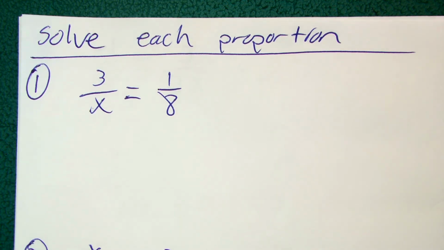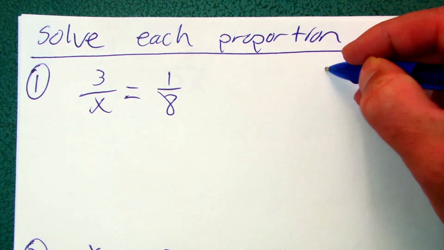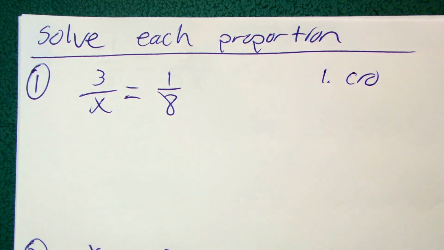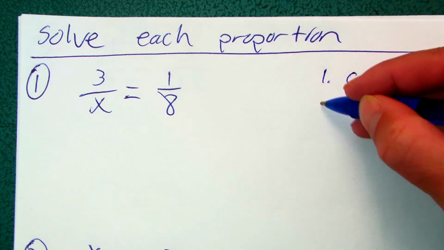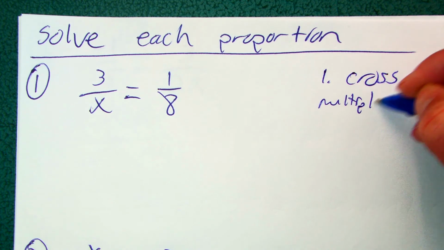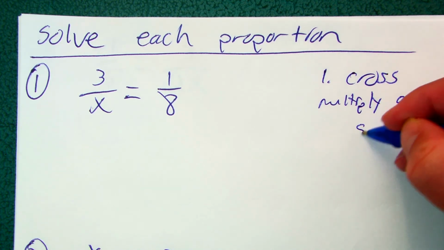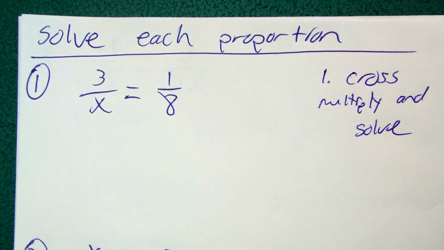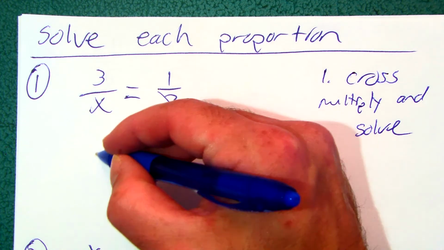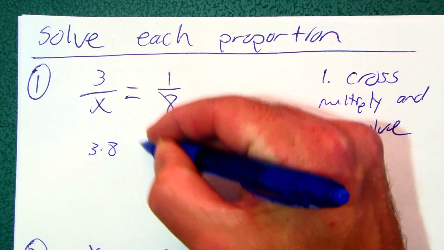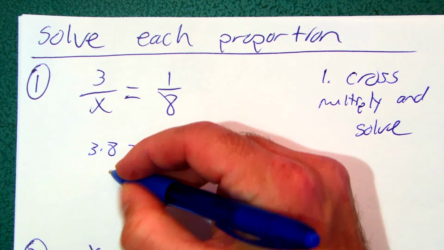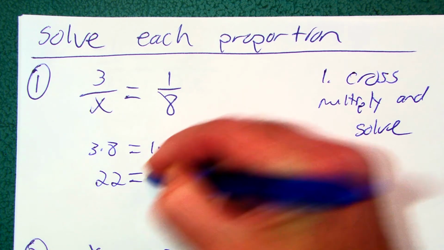These aren't too bad. All we're going to do is cross multiply and solve. That's really it. So we're going to do 3 times 8 equals 1 times x. That means 3 times 8 is 24, which is equal to x.